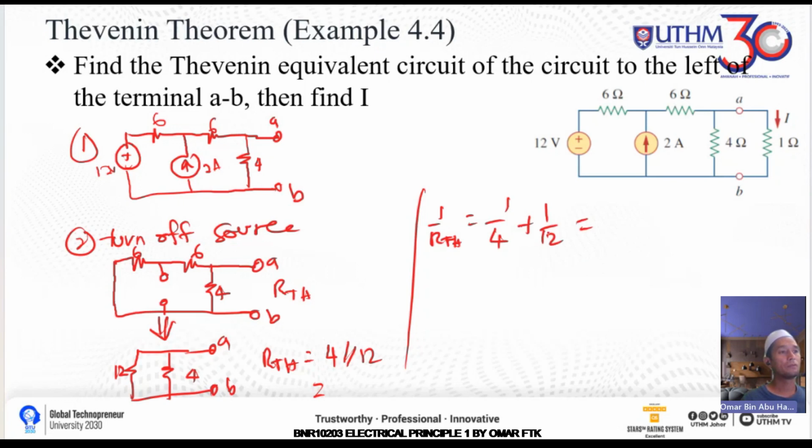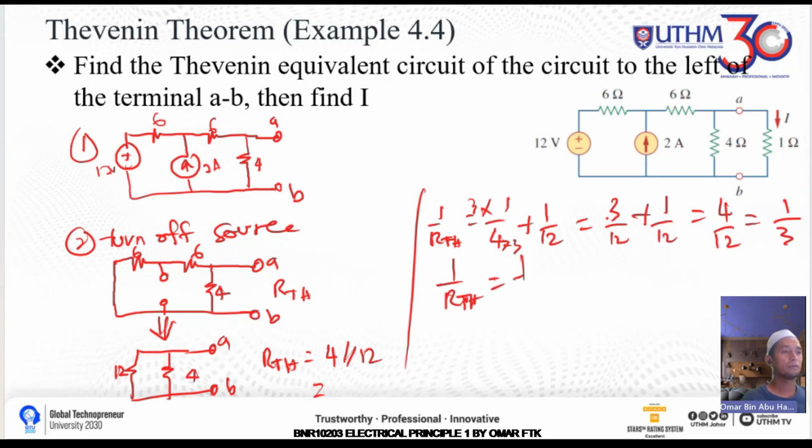So 1 over 4, you make the denominator the same. So 4 times 3, this one times 3. So 3 over 12 plus 1 over 12, 4 over 12, 1 over 3. So 1 over RTH will be 1 over 3. So RTH is 3 ohm.